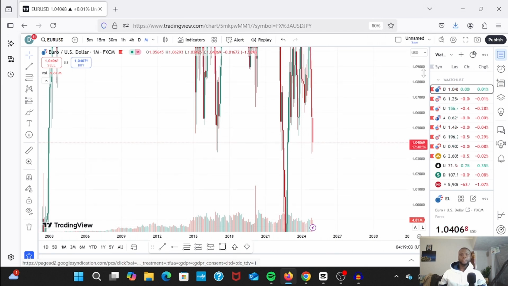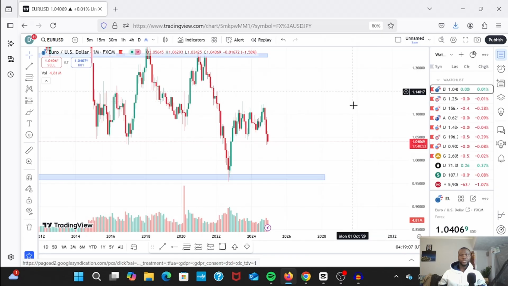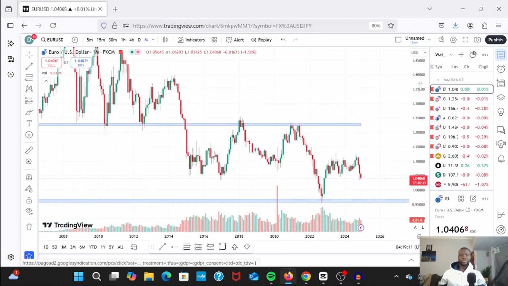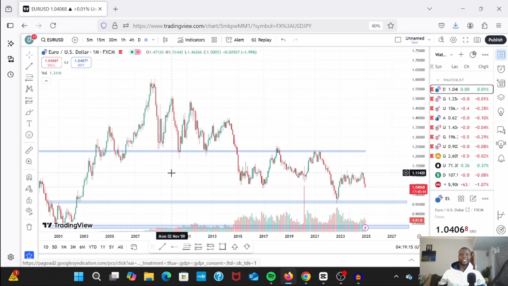Okay, so this is the monthly chart, and as we see from what we have here on the chart, from all indications, we can tell that this market has been bearish from the year 2007.